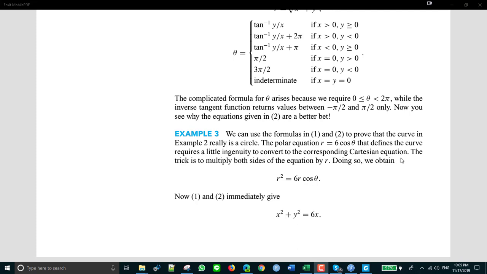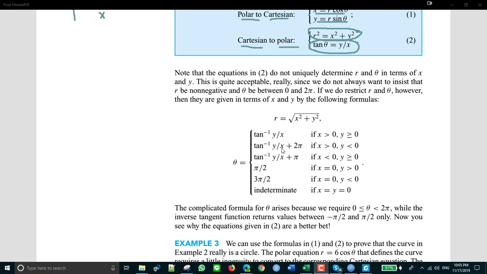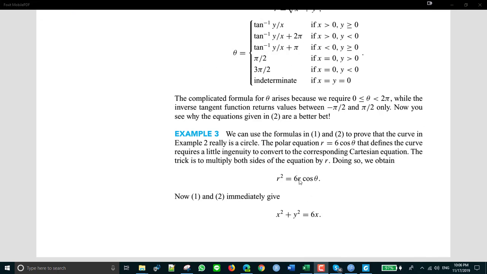The trick is to multiply both sides of the equation by r. So when we do that, we started with this equation, multiply by r, and I guess we get this. Now 1 and 2 immediately give r squared is here, r cosine theta is x, so we get x squared plus y squared equals 6x.